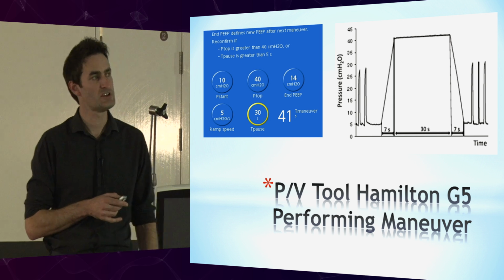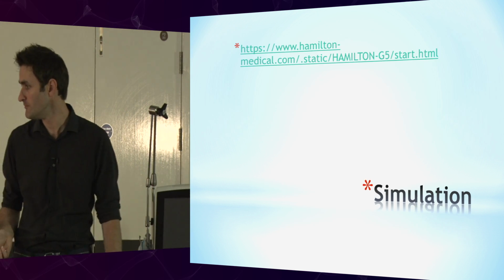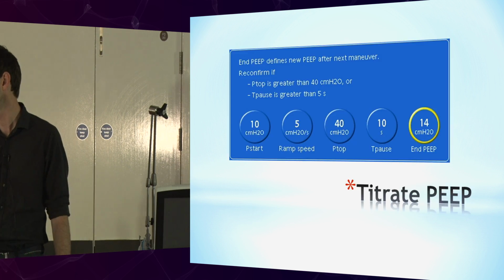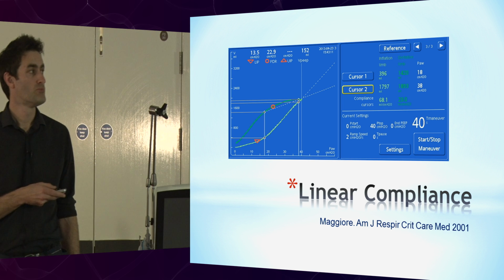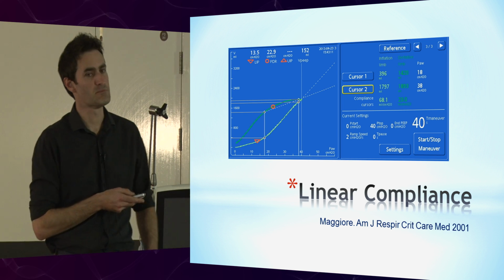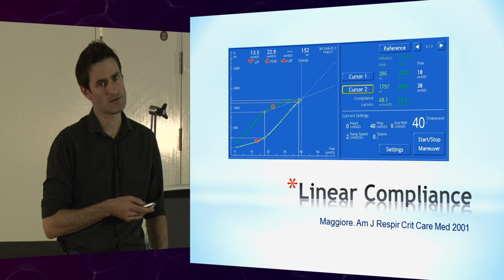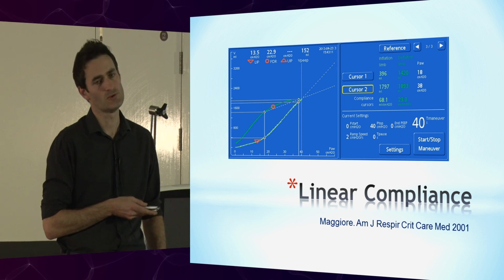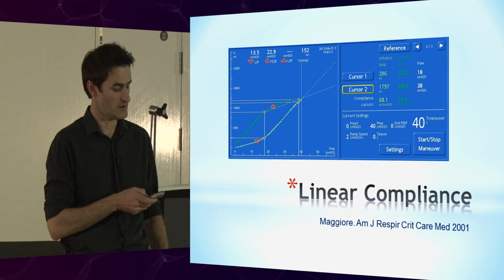Okay. Broadly speaking, we go back to our curve. Broadly speaking, there's 1,000,001 ways of setting PEEP. There's 1,000,001 ways of assessing how much PEEP you need. Okay. We can talk about sequential reduction of PEEP, and various other things that can be done.